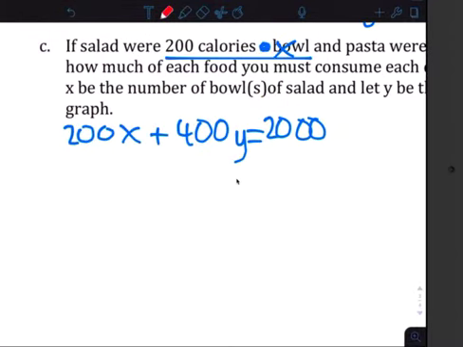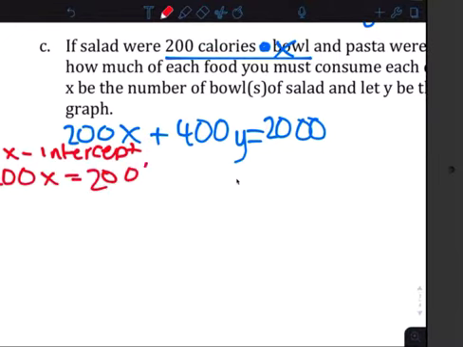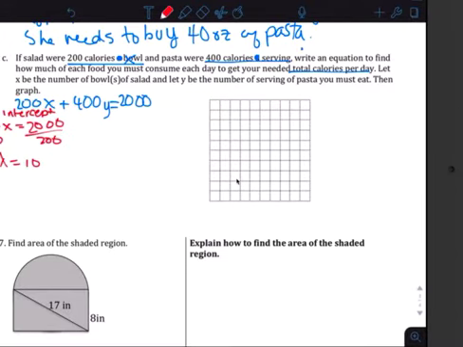Okay, so you get 200x, this is the x-intercept. x equals 2,000 divided by 200. x equals 10. So the x-intercept is 10. Let x be the number of bowls of salad. So x bowls of salads, and y be the number of servings of pasta.